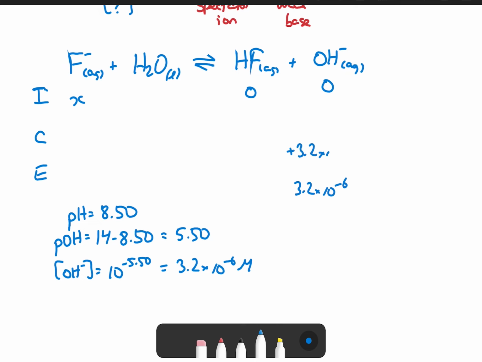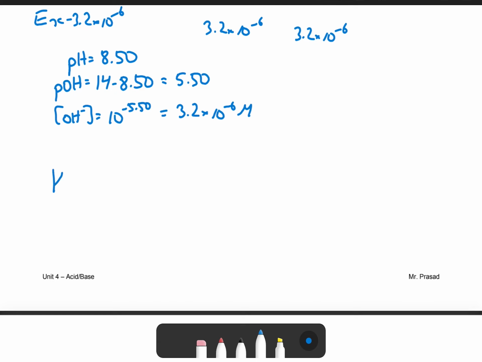We'll bring this into our ice table here. 3.2 times 10 to the negative 6, plus 3.2 times 10 to the negative 6. And let's complete our ice table. And now with our completed ice table, we can create our Kb expression, which will be equal to HF, OH minus divided by F minus.